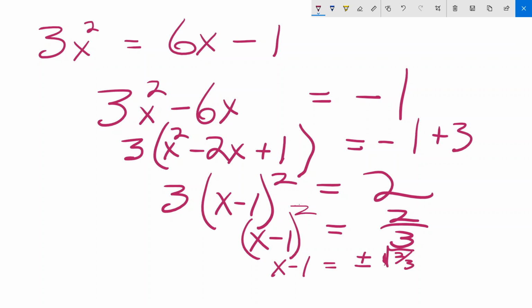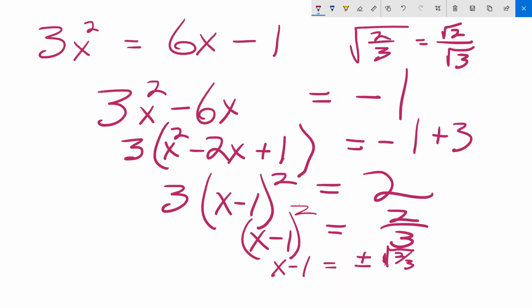And then... Yeah, let's just look at that radical for a minute. Whenever you have the square root of a fraction, what is that going to become? In other words, what's the first thing I can do to try to simplify square root of 2/3? It's square root of 2 over square root of 3.